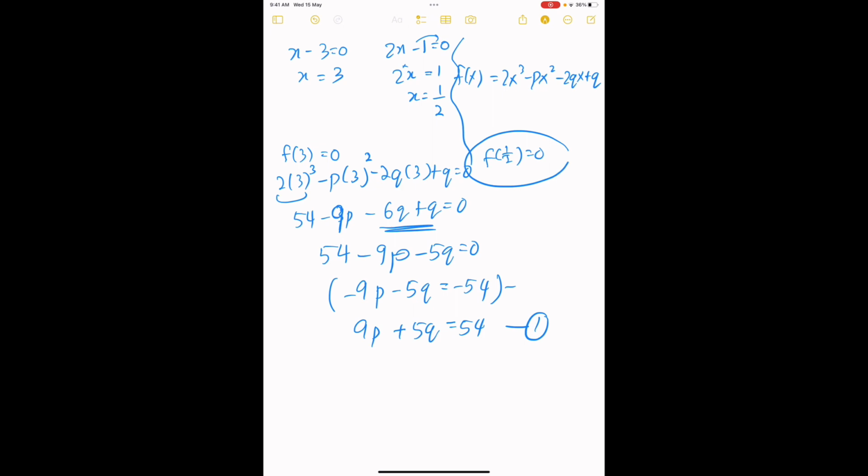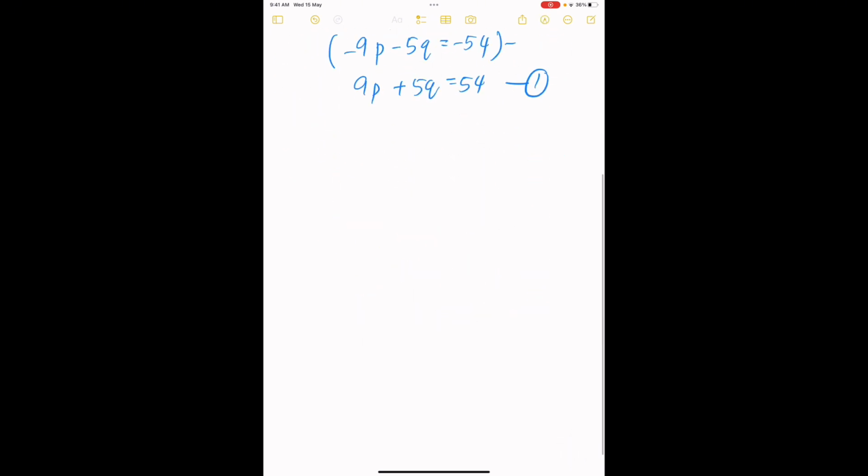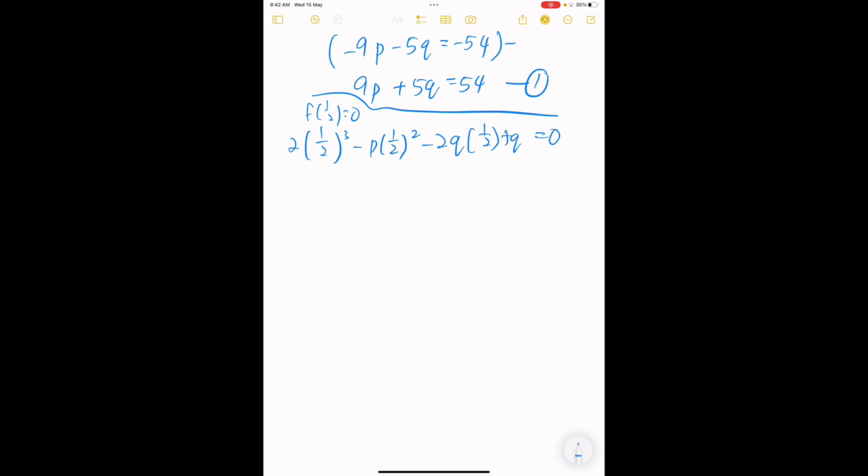From the second factor, you can find the second equation. You want to find the value of p and q, the only way is to do simultaneous equations. So substitute the half. f(half) is equal to 0, right? So substitute the half, 2(half)^3 minus p(half)^2 minus 2q(half) plus q equals 0. And then you solve everything.